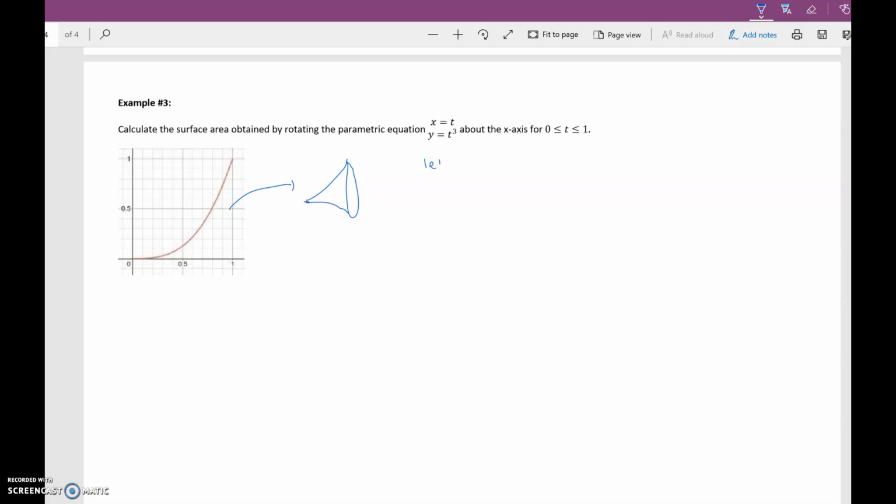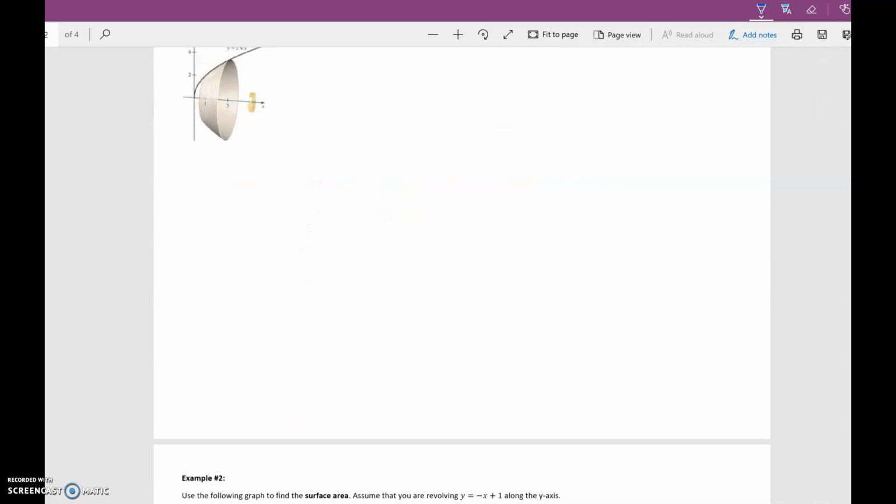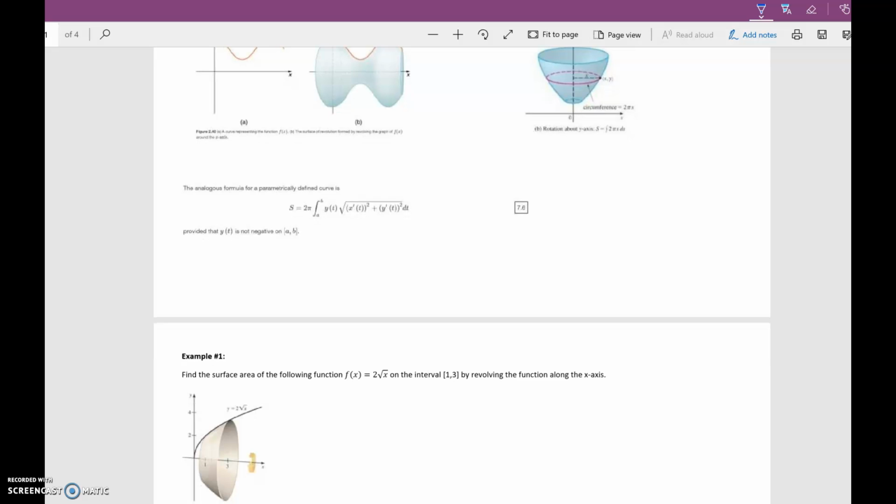Let x of t equal t, and y of t equal t to the third. So the actual surface area, it starts with the y's. So we're using this actual formula, and we're going to take the derivatives and square those, and that typically creates a mess.